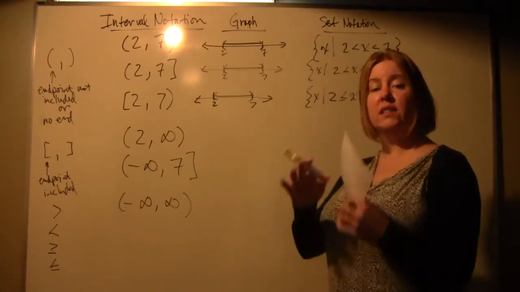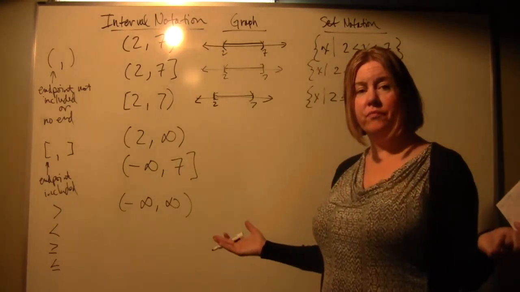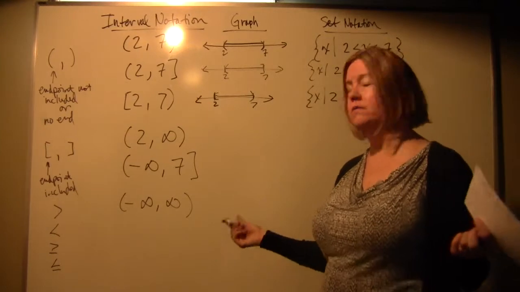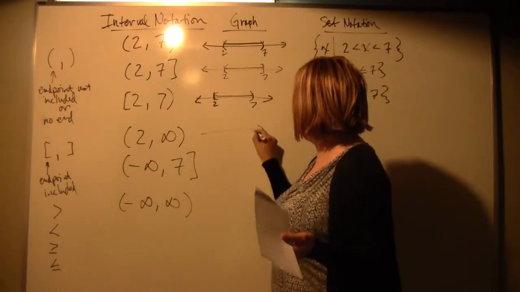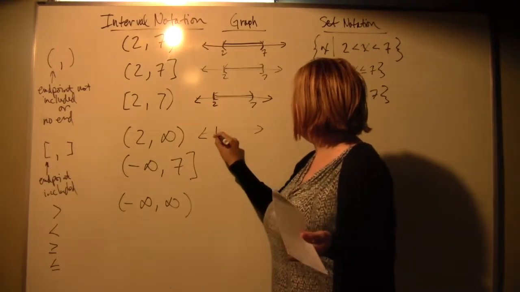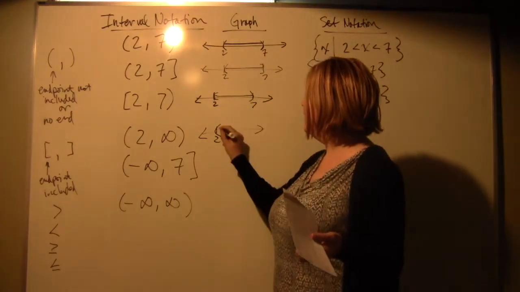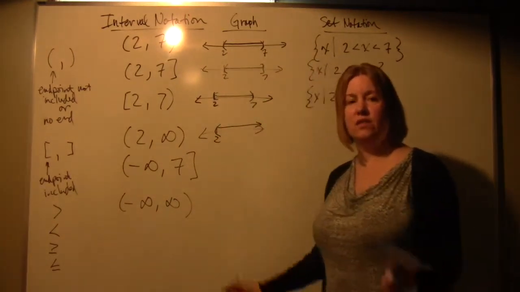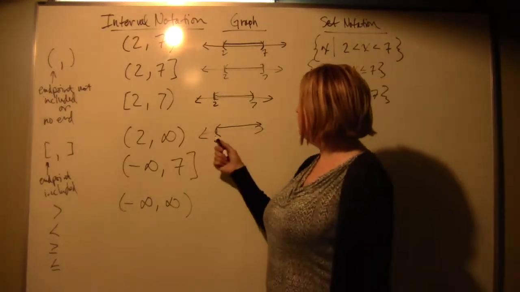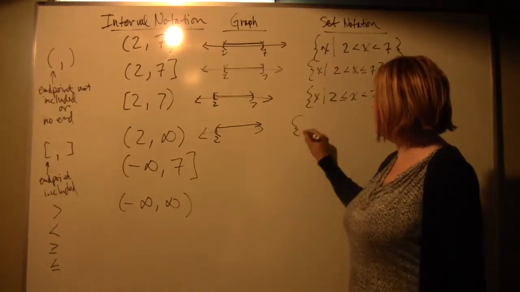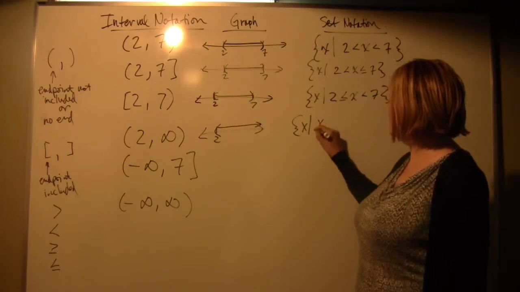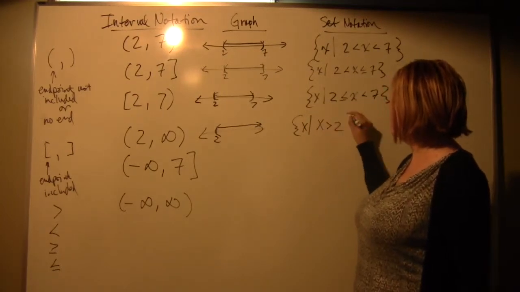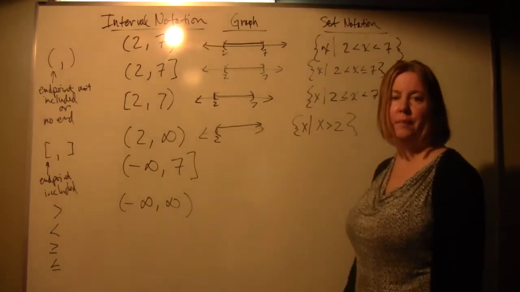This means x is greater than 2. It doesn't stop at 7. So 2 is not included either, so 2 gets a parenthesis. And when you have to infinity, you just write an arrow because it never stops. So in set notation, set of all x such that x is greater than 2. And that's all you need to put for that.